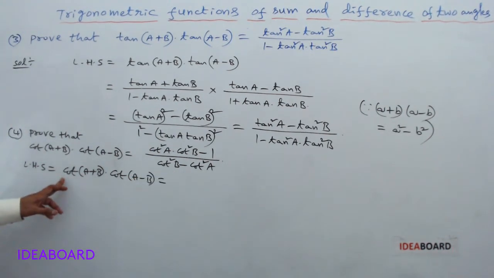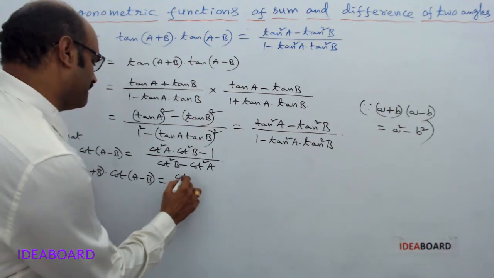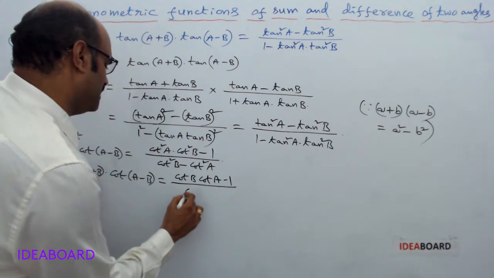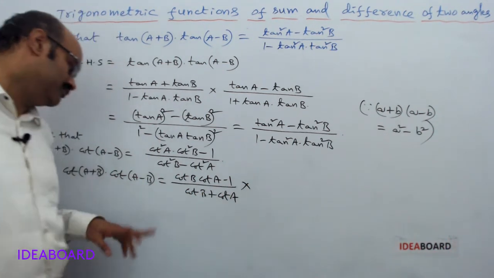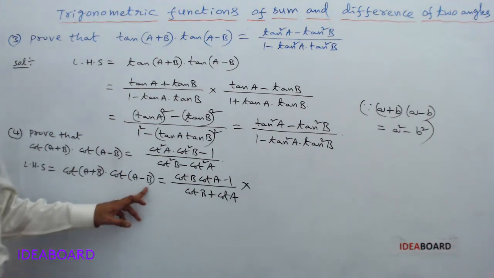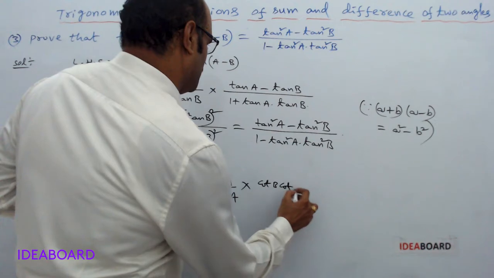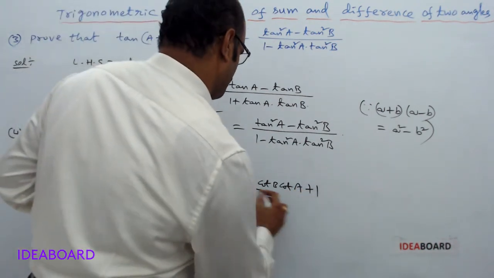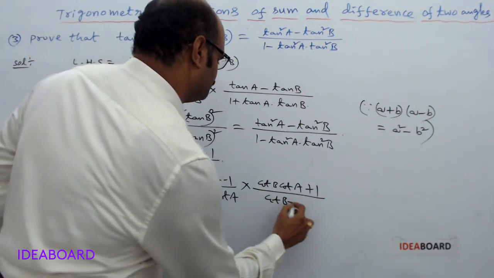The cot of a plus b formula is cot b cot a minus 1 by cot b plus cot a, into cot of a minus b equals cot a cot b plus 1 by cot b minus cot a.